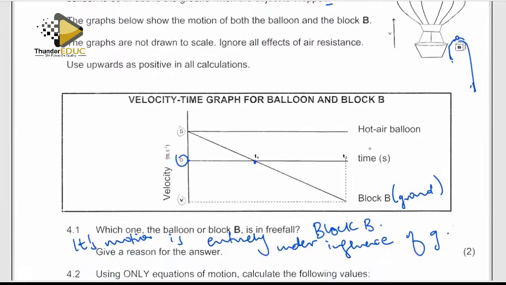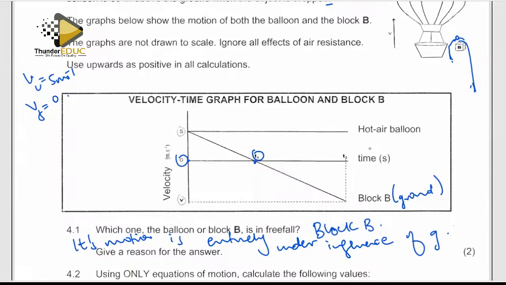So our V initial is 5 meters per second, but our V final is 0. Meaning that at T1, that's when block B reaches the maximum height.